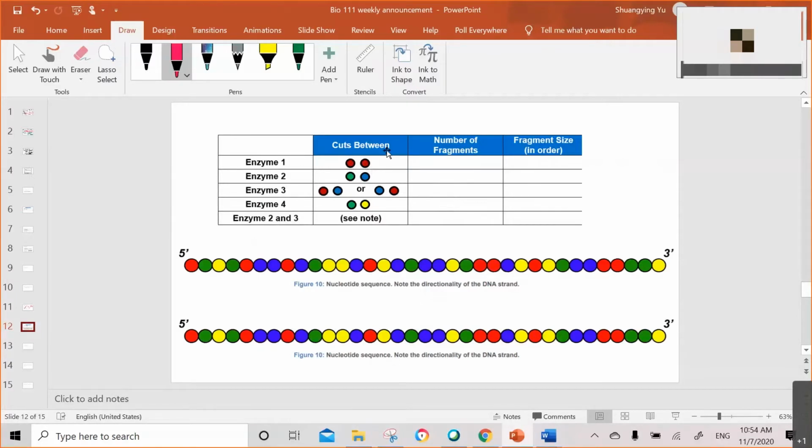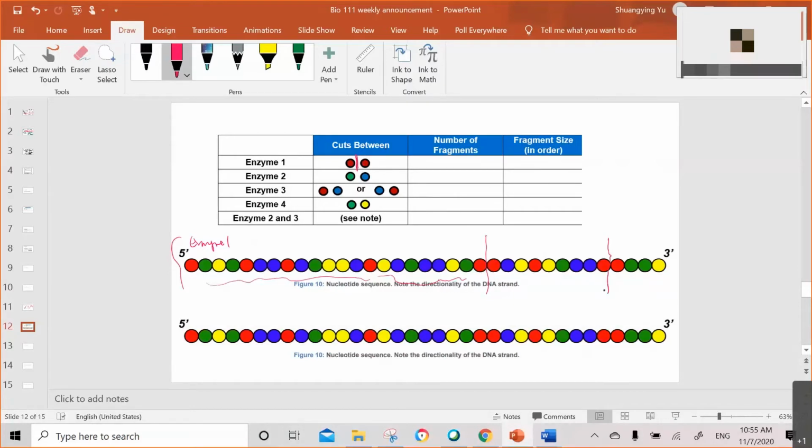So let's say we're using this strand to do enzyme 1. Now it's going to scan through the DNA strand, and then whenever it sees 2 reds together, it's going to cut between. This is, again, simplified. So you're going to cut between the 2 reds. So it's going to cut right here. And then you have another 2 reds. So it's going to cut right here.